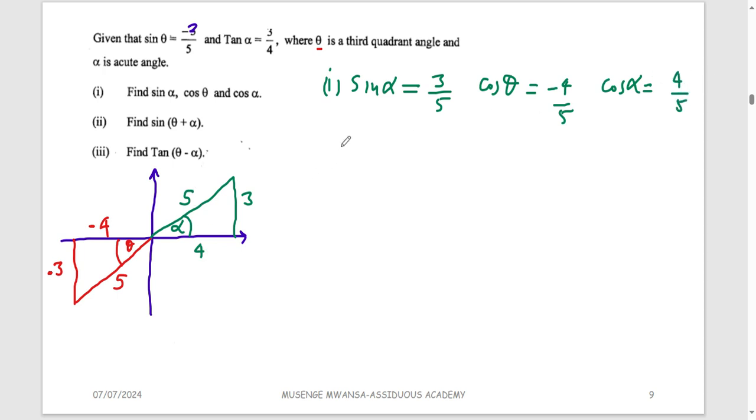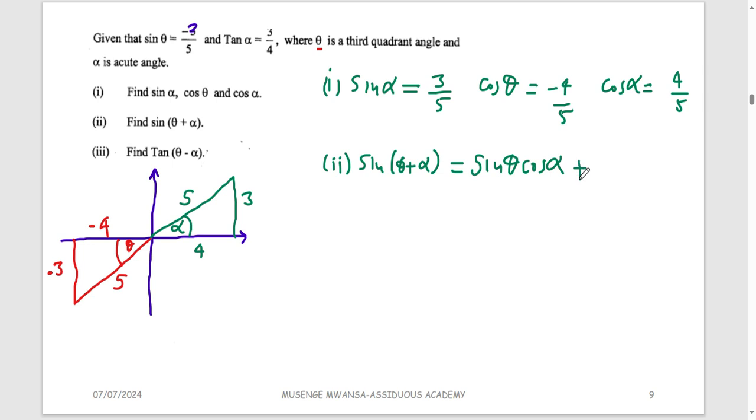As easy as that. And then for the second one, find sin of theta plus alpha. So sin of theta plus alpha, the first thing you need to know is how to expand this. Remember we said you first get sin, you get the first angle, and then you get cos, you get the second angle.